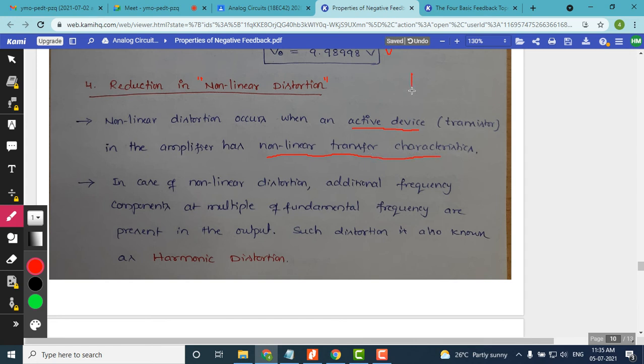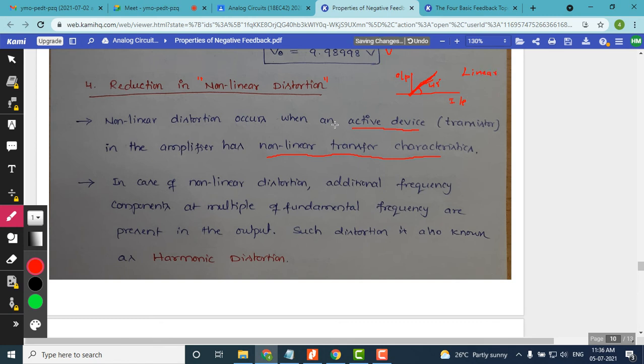That means between the input and output, the BJT or FET does not exhibit a characteristic like this, a 45-degree line like this. If any device exhibits this kind of characteristic, 45 degrees from the origin, that is linear.